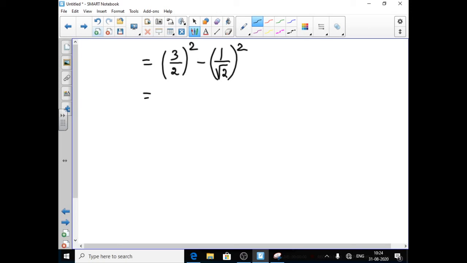That is equal to 3 square is 9, so 9 by 4, minus 1 square is 1 and root 2 square is 2. Okay, so we want to take the LCM, that is 4. Here 1 by 2, so the denominator is 2 but the LCM is 4, so we multiply the numerator and denominator by 2. So that gives 2, so that is equal to 7 divided by 4. Okay.